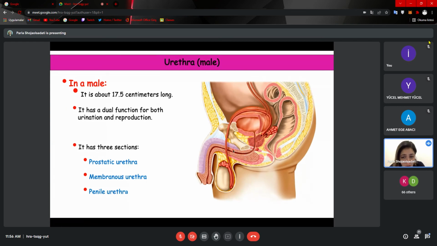This part of the penis is made of spongious tissue. For this reason, this part of the urethra is known as the penile or spongious urethra. You can see the two openings of this organ, the internal urethral orifice and the external urethral orifice.